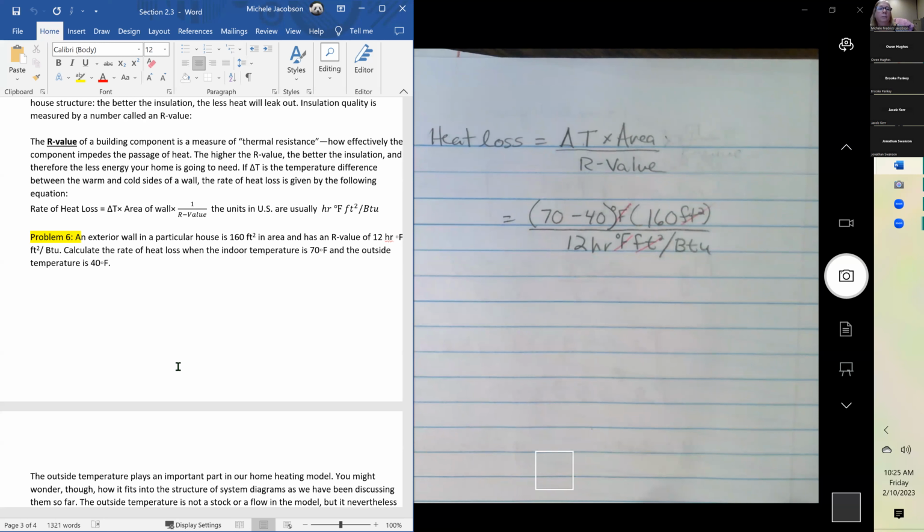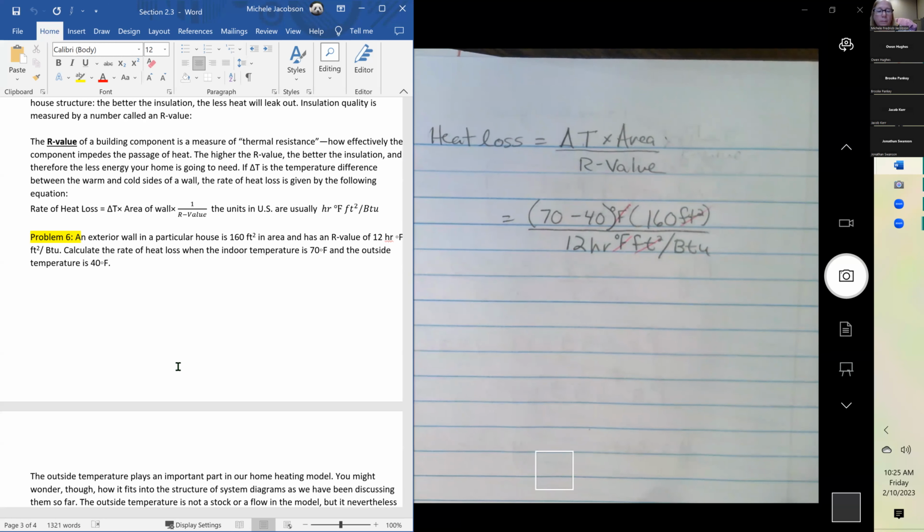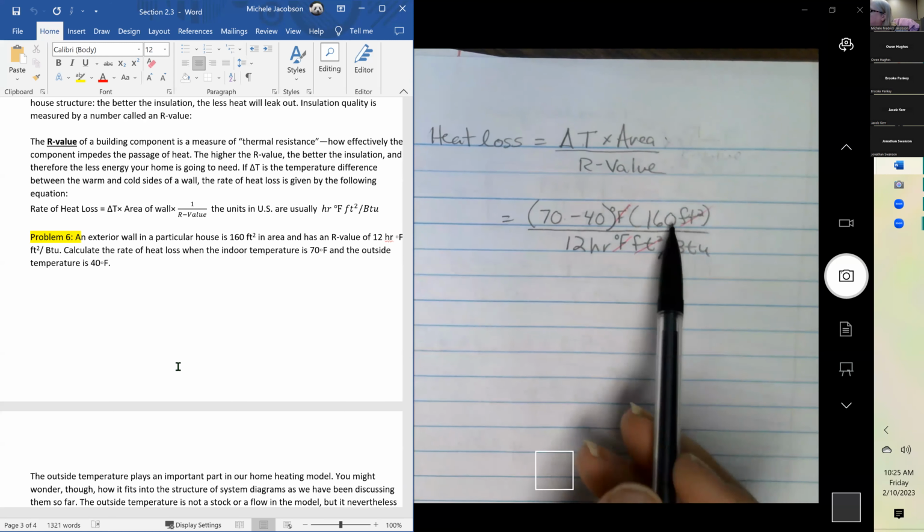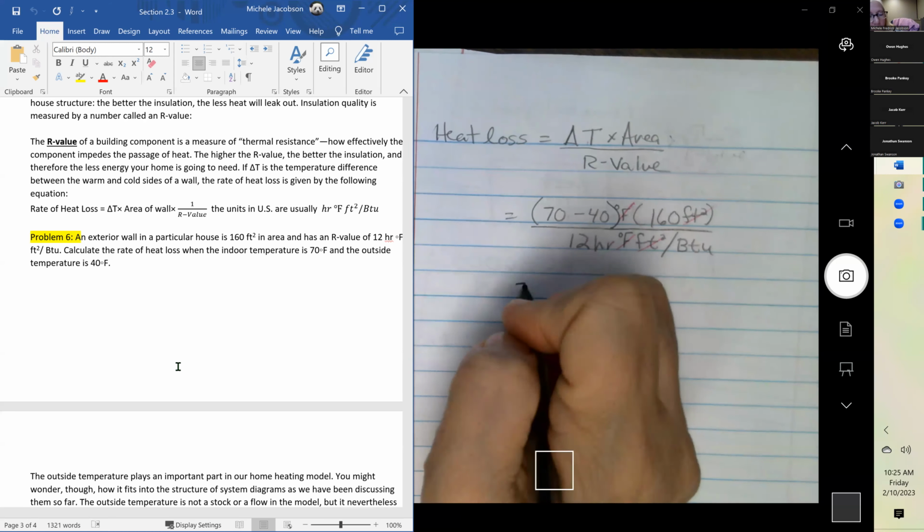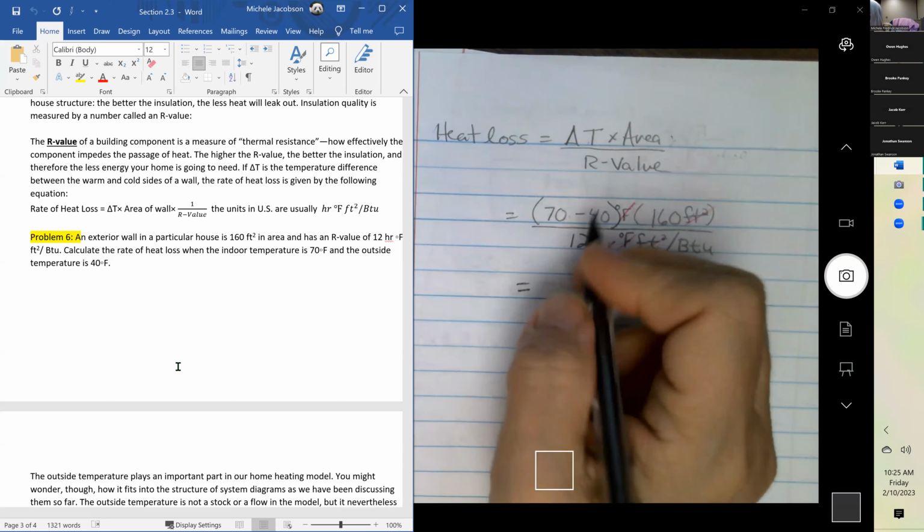Any questions? If you calculate the numbers, this would be 30 times 160 divided by 12. You should get 400.